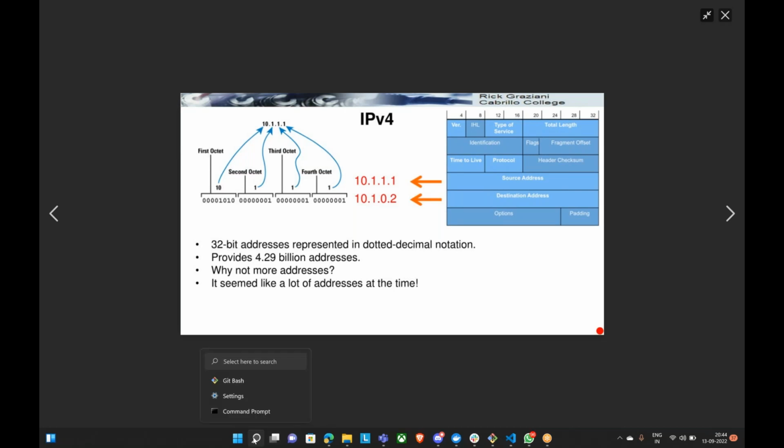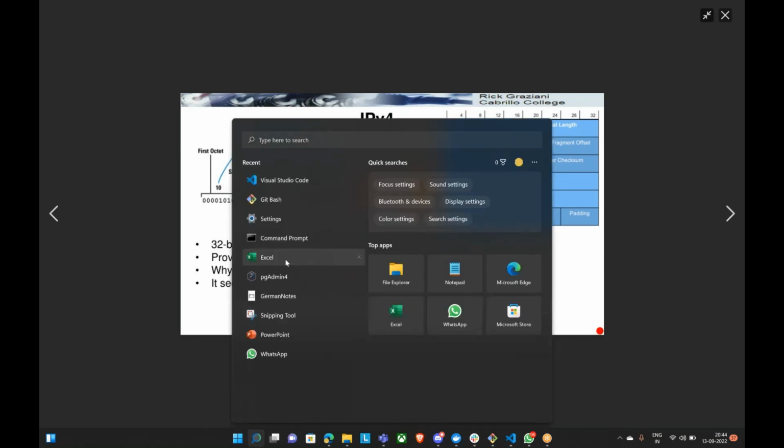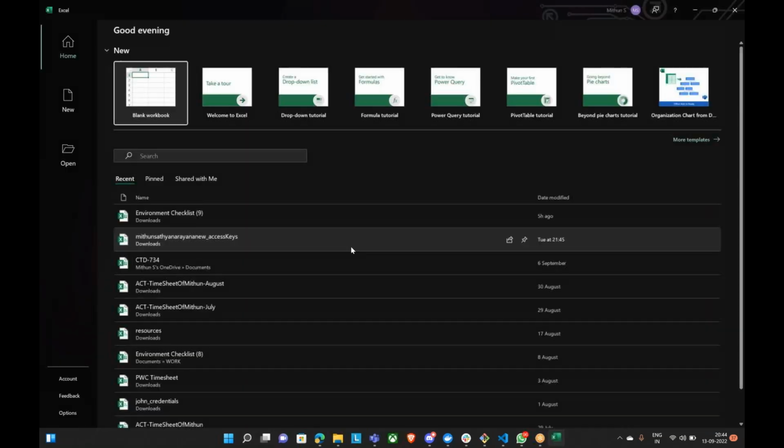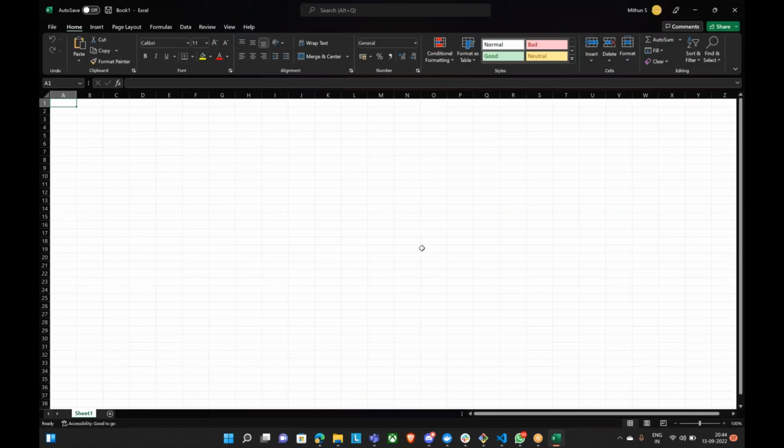Let me open an Excel and I'll explain the calculation. After this, I guarantee that all of you will be able to calculate any number into its equivalent binary value. First, I will only show the first 8 bits.